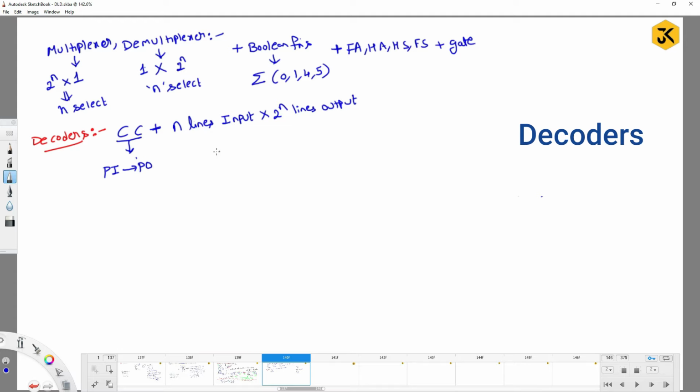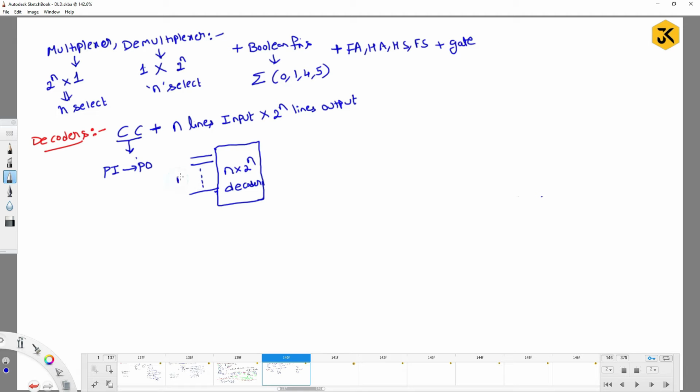If you observe the general structure of decoders, we can represent it like this: an n by 2 power n decoder. It has n lines as input and produces 2 power n lines as output. This is the general meaning of a decoder, right?